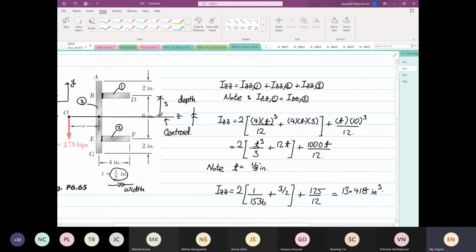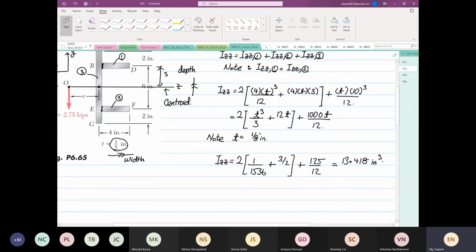Now, just now Mustafa said, Eugene, you did not take away the thickness. I'm going to elaborate why for this case we don't minus off the thickness. What you can say is this value over here is very small.